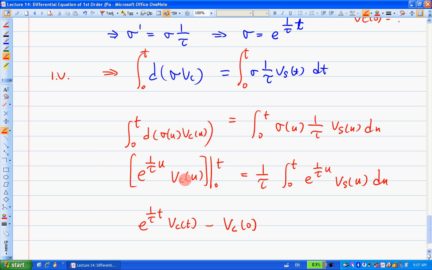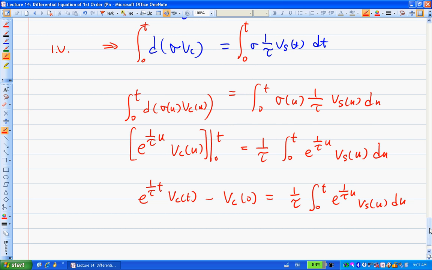The other side, let's leave it. If we have Vs, we'll be able to solve that. But for the time being, just leave the Vs of u there. Maybe I should say this is the input to the system.